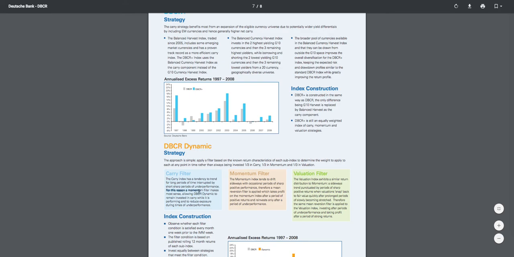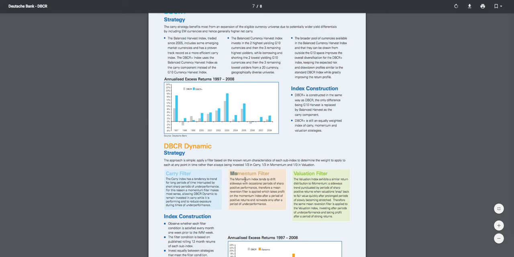For this reason, a momentum filter makes the most sense, allowing the DBCR dynamic to remain invested in carry while it's performing and to reduce its exposure during underperformance. So it does try to forecast the trend when there is severe underperformance and plummeting in returns.